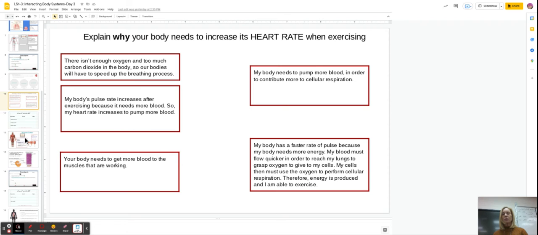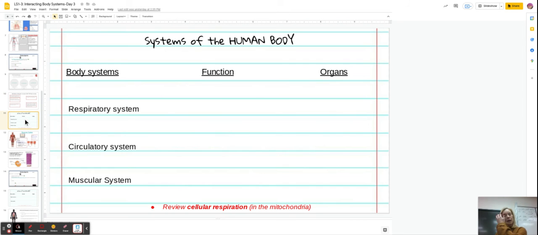We reviewed again, which you should have recorded in your notebook or on the virtual assignment. You should have recorded the functions of the respiratory, circulatory, and muscular systems, as well as the organs involved. Last class, we spent most of the time talking about the respiratory and circulatory systems, in addition to watching a video on each.